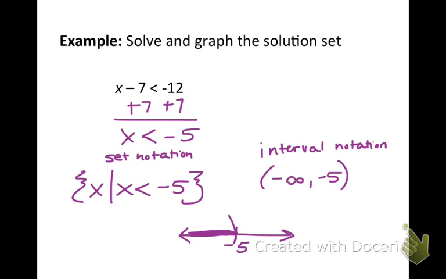Just put the one number on there, or if it's between two numbers, just put those two numbers. So set notation: the set of x such that x is less than negative 5. Interval notation says we're going from negative infinity to negative 5, not including it. And there would be our graph.